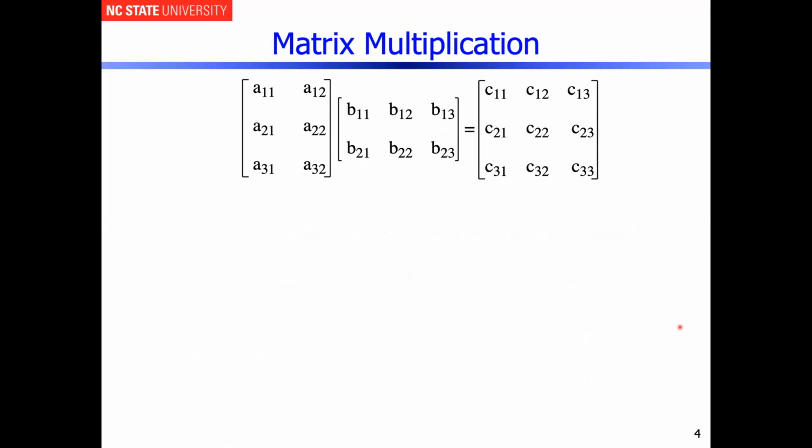So more generically, what happens if we now have a 3 by 2 matrix multiplied by a 2 by 3 matrix? And that's exactly the point, is recognizing the fact that the number of rows in the first matrix dictates the number of rows in the product matrix.